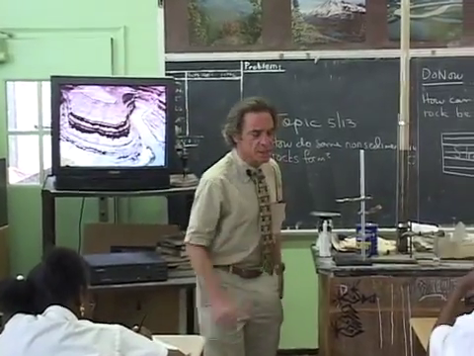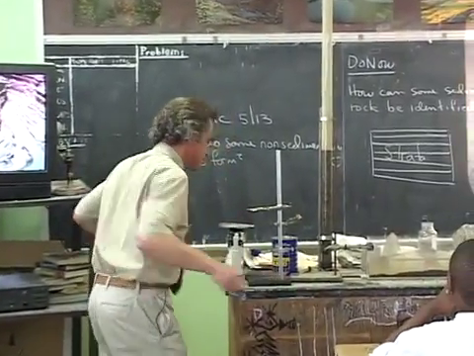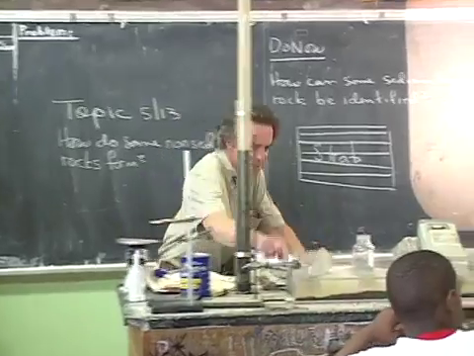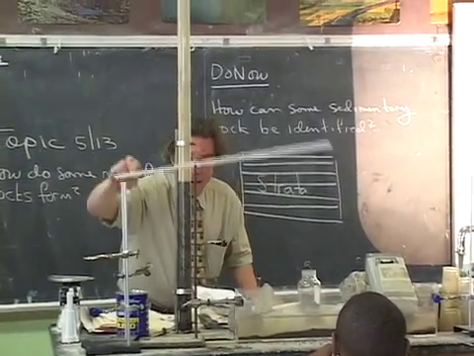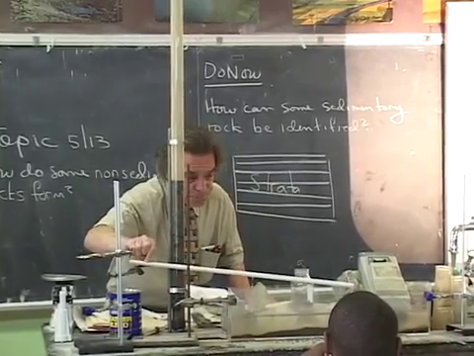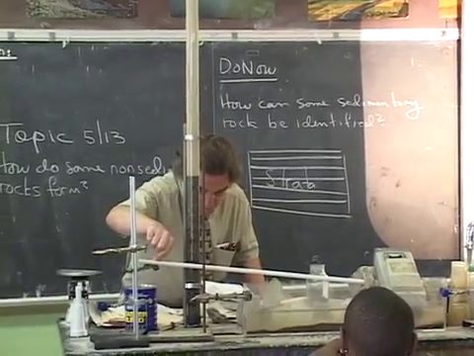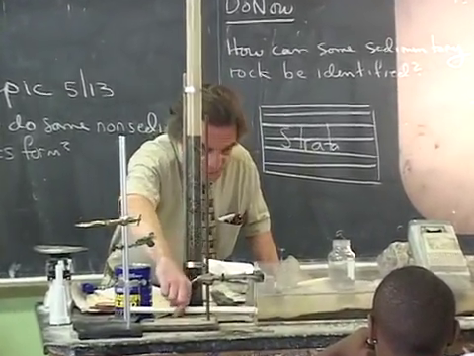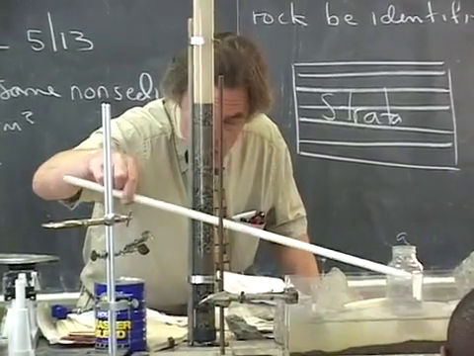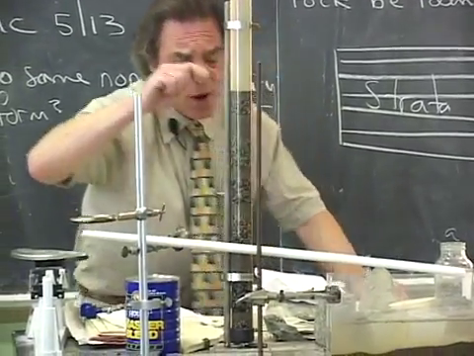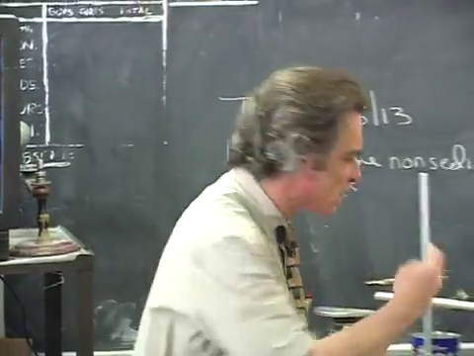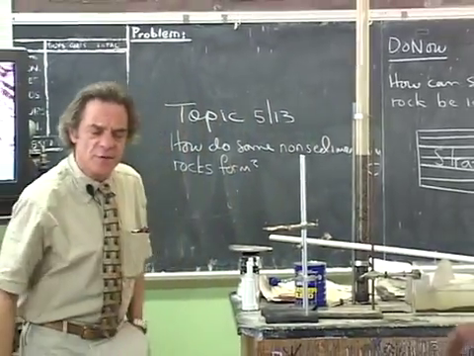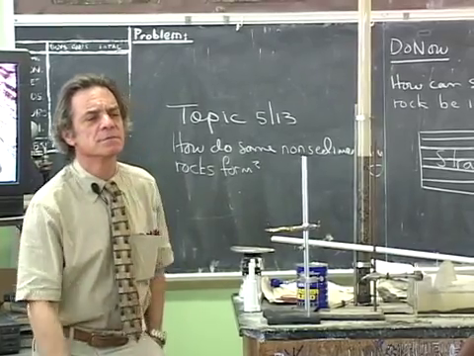Now let me ask you this. Suppose, and this was our little model from yesterday, suppose when the sediments got deposited in some ancient sea, the remains of an animal got deposited in the river along with the sediments.